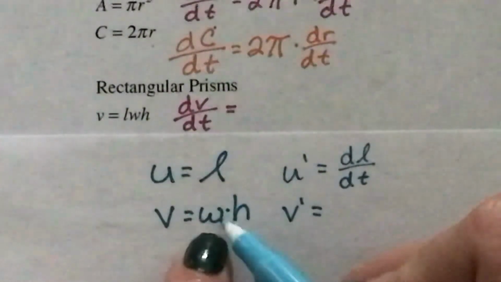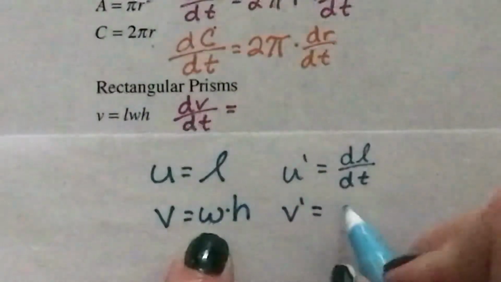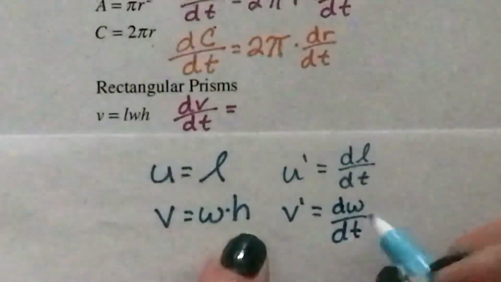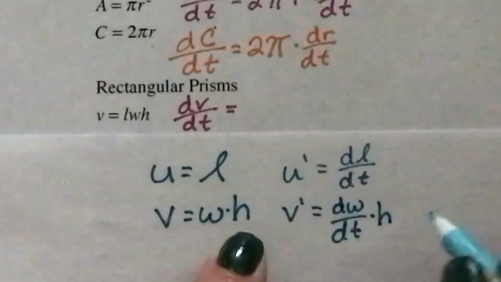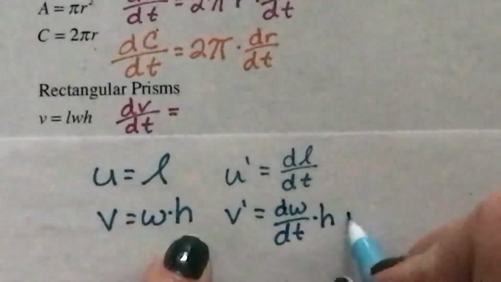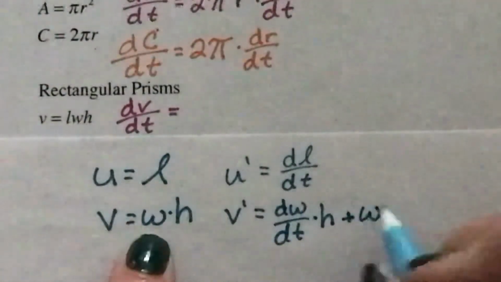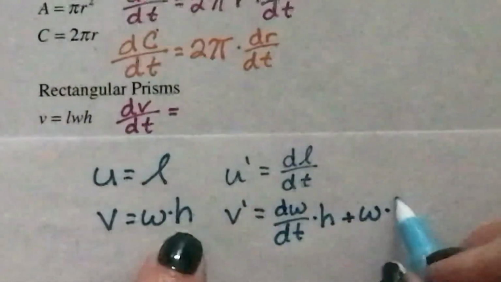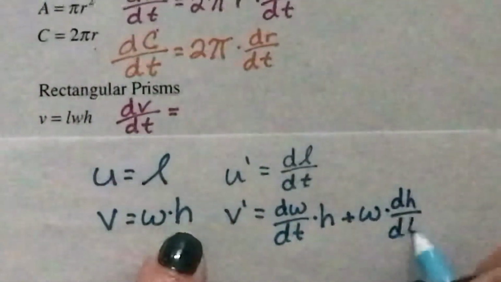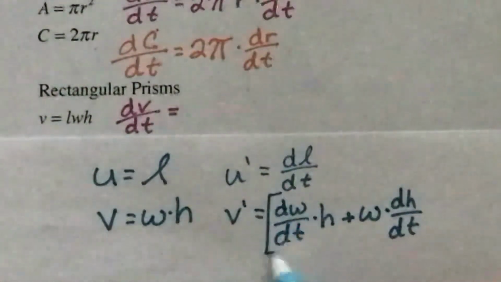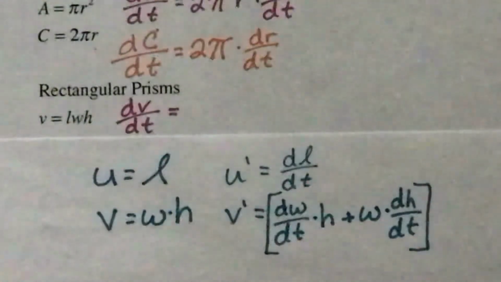So let's take the derivative of W. That'll be dW dt. And then we keep the second one, so times H. Plus, then we'll keep the W and multiply that times the derivative of H with respect to T, dH dt. And I'm going to stick all of that in a big bracket for V prime.